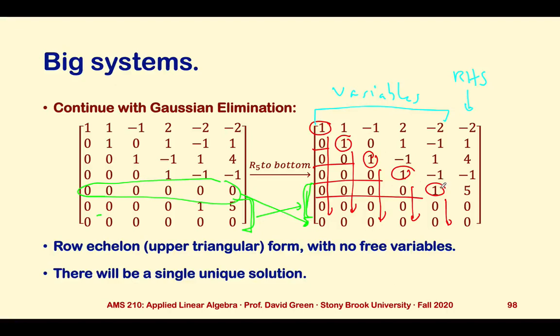This means we have no free variables. This tells us that this system will have a single unique solution. We already know that it has a solution of a single set of values, but we need back substitution to actually find what that is.